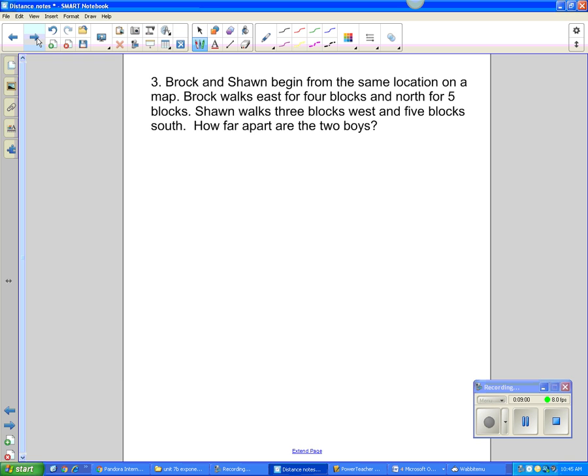So this one, how far apart are the two boys? What formula does it want us to use? Distance. Good. This one, you're going to have to do a little sketch because it doesn't give you the point. Where would it make sense from Brock and Sean to start with on my sketch? Good. They'll start in the middle.